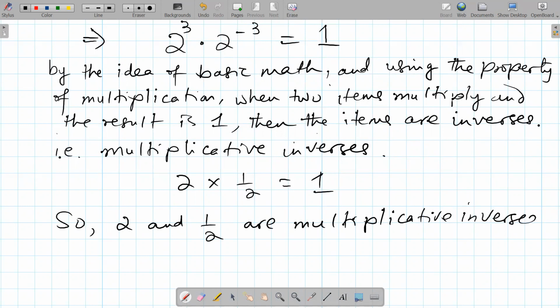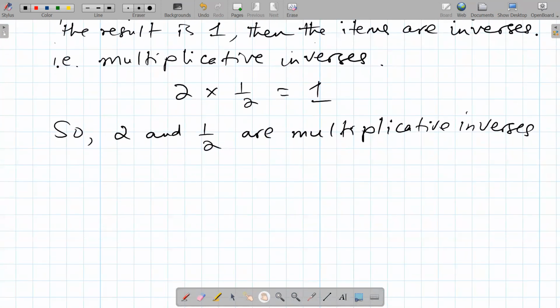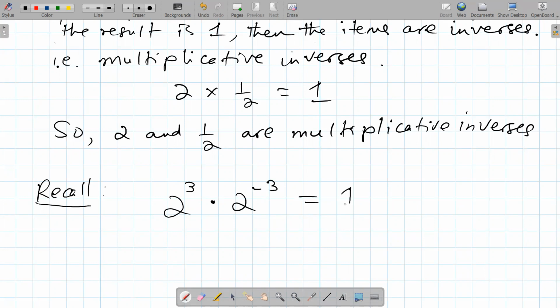The reason is because their product gives you 1, and 1 is the identity element for multiplication. So in that same line, we see, if we recall, that in our example, 2 to the third times 2 to the negative 3 is giving me 1.